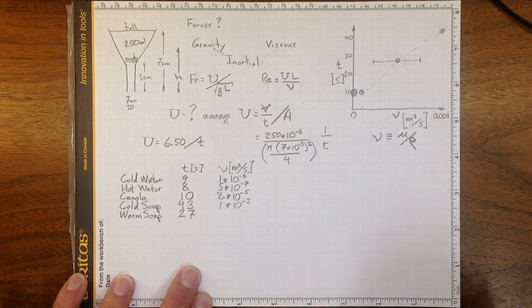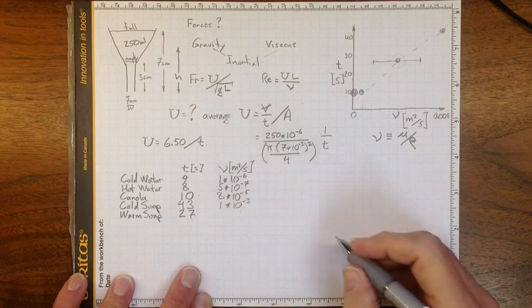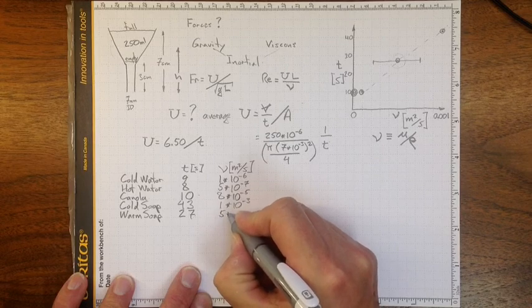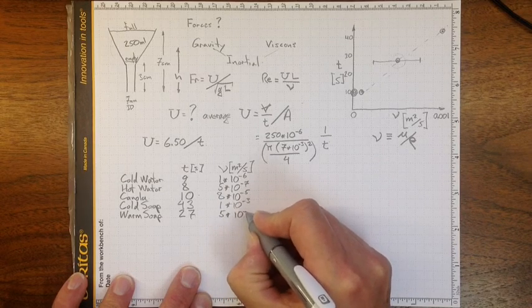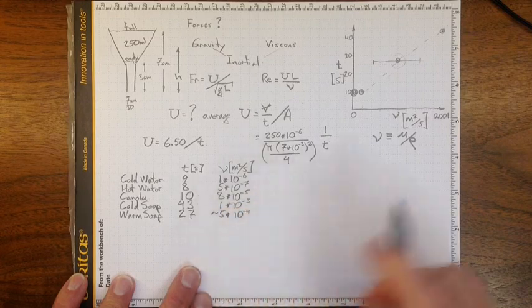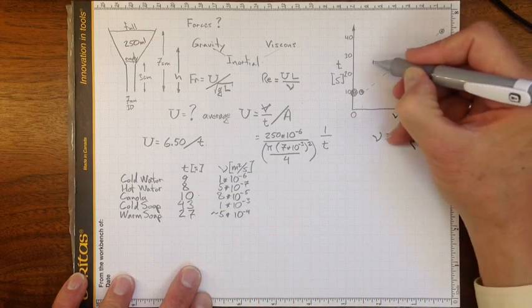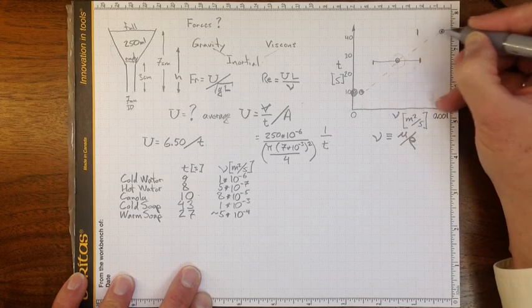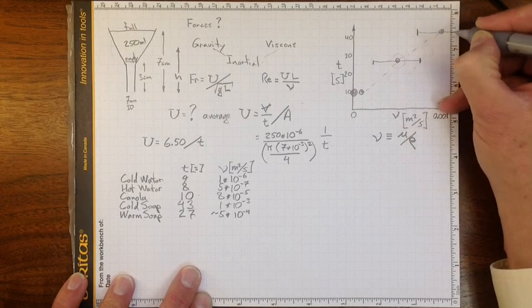And they varied quite a bit. If the dish soap was warmer, it might be about half the viscosity. And that's pretty dodgy. Like I said, there's a pretty big error bar on that, and probably a pretty big error bar on this one as well.